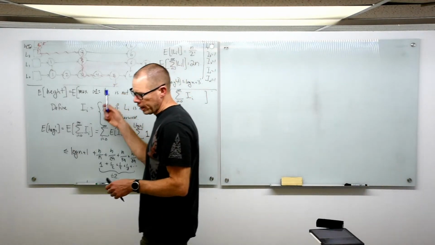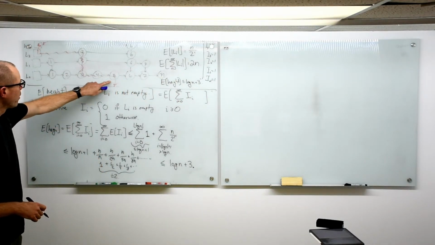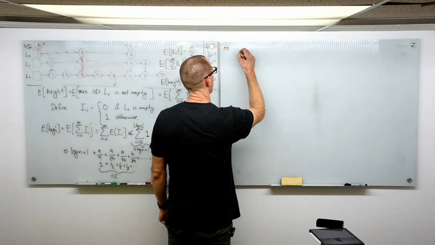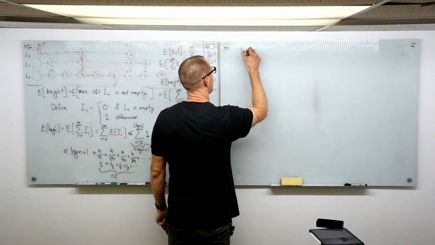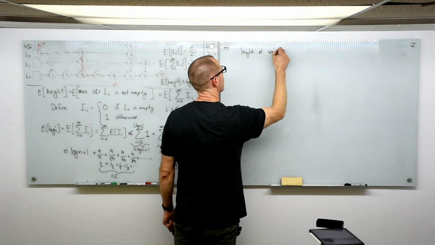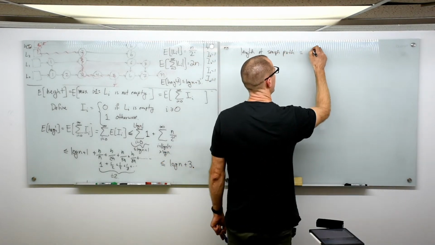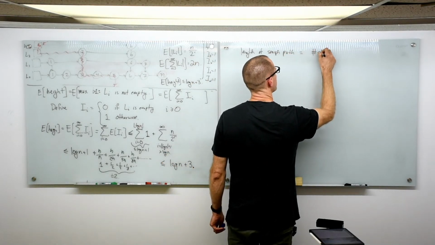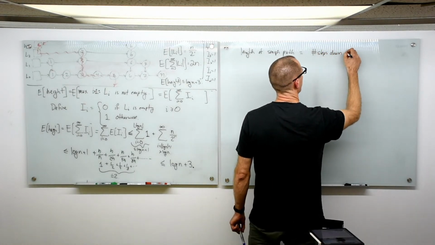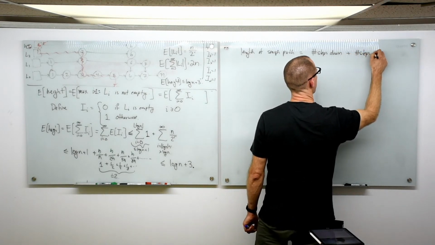And it's to analyze the length of this list here. So now the length of this search path. Let's say the length of the search path is equal to the number of steps down plus the number of steps to the right.